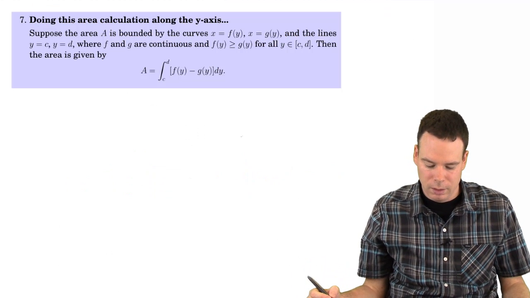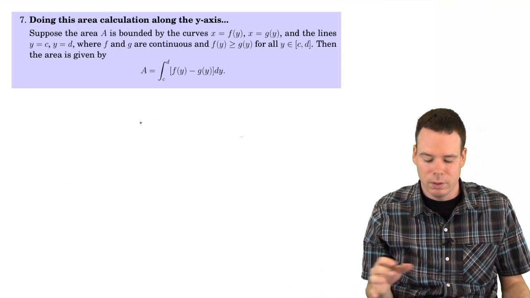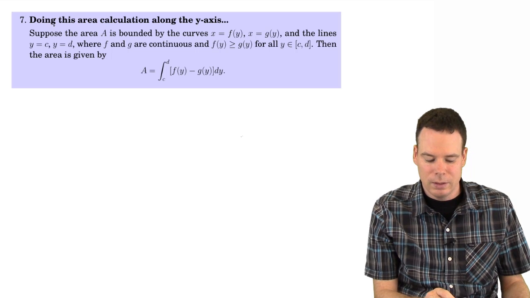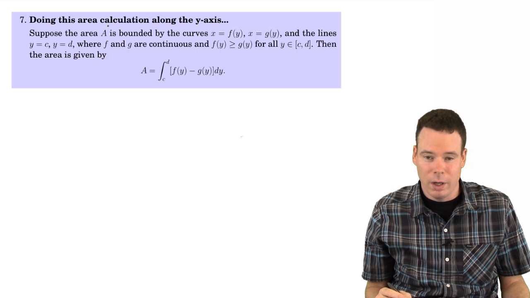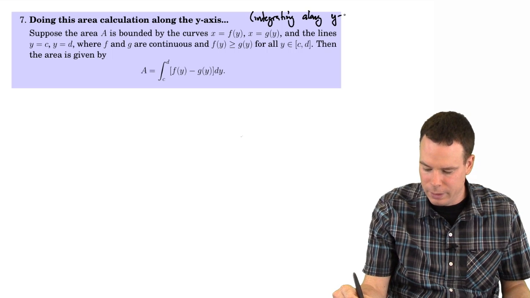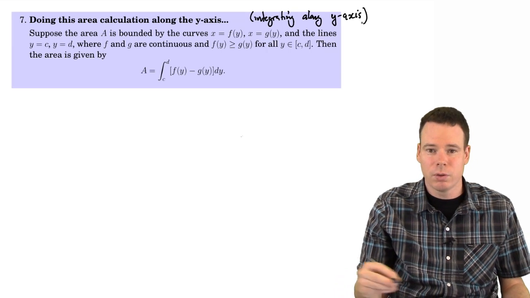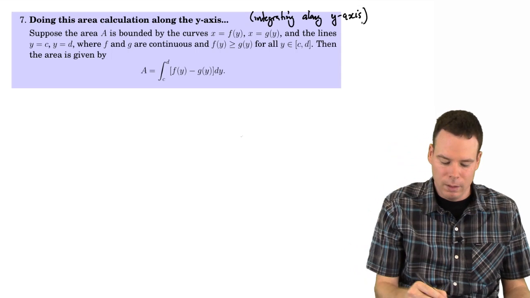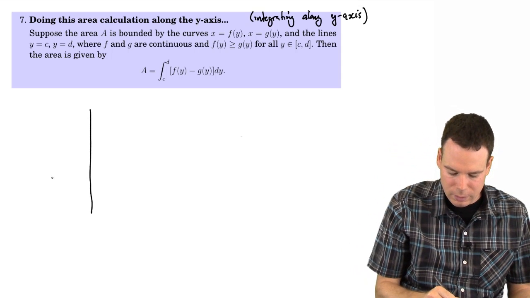Let's look at a more formal summary of this. So this is known as doing the calculation along the y-axis, or integrating along the y-axis. That's what we're doing here. We're integrating along the y-axis. So when would you do something like this?